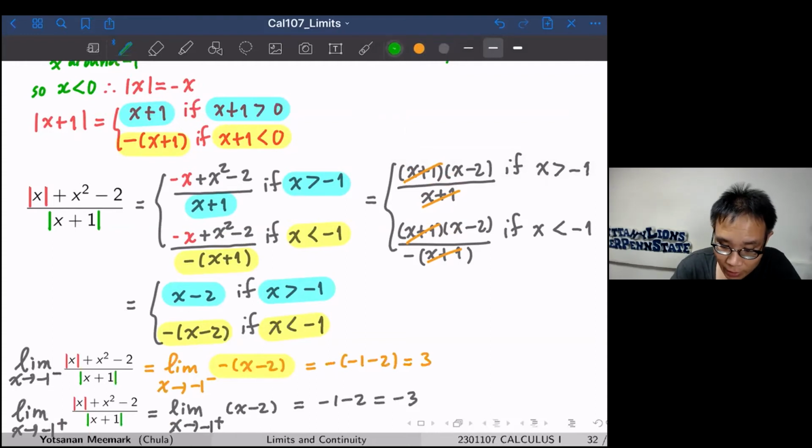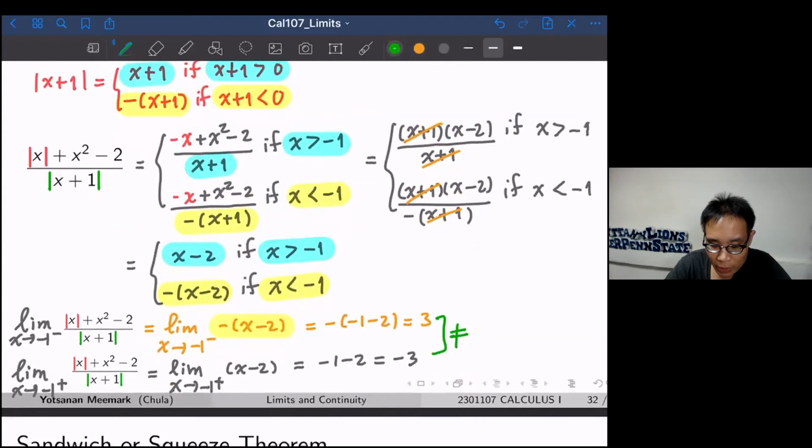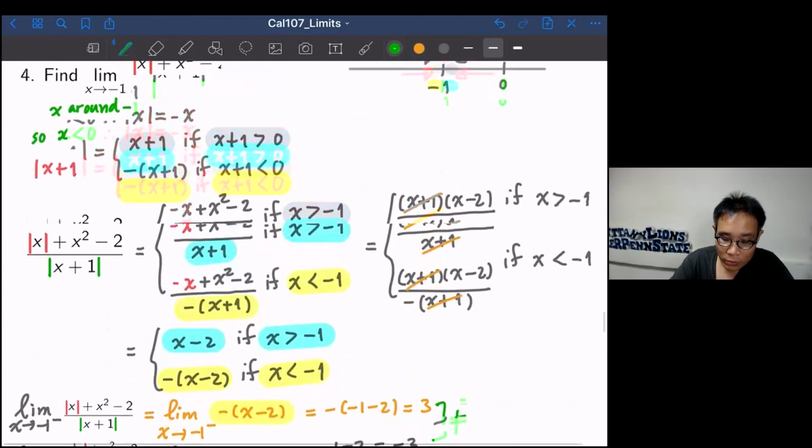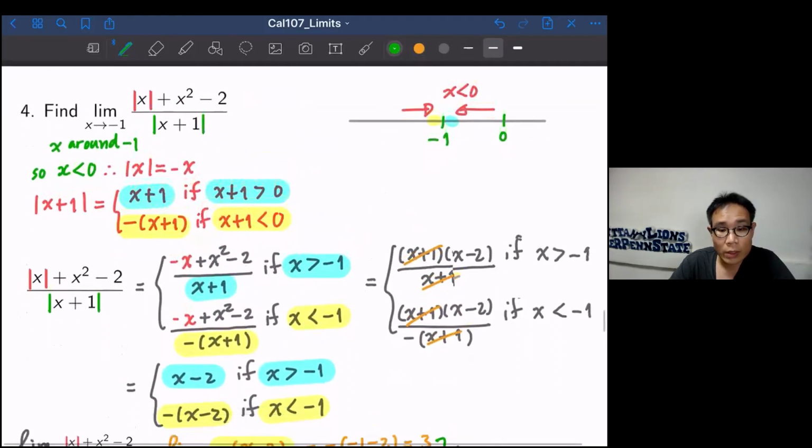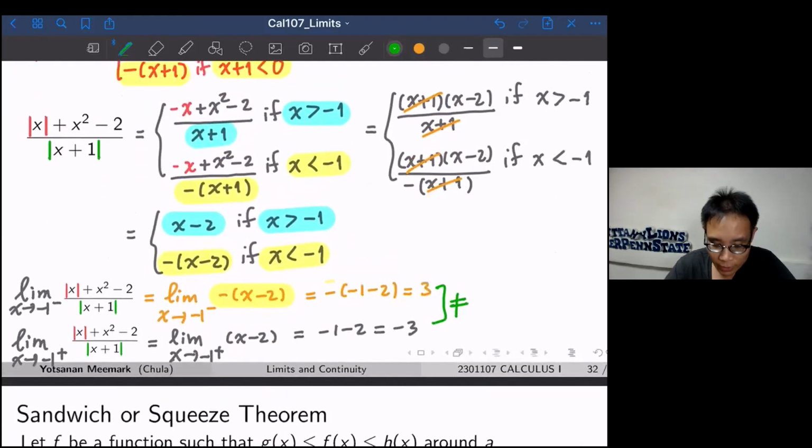Okay, and these two are not the same. So you have the limit as x goes to 1 from the left not equal to the limit as x goes to 1 from the right side. So we're gonna conclude that the limit as x goes to negative 1 of the function does not exist.